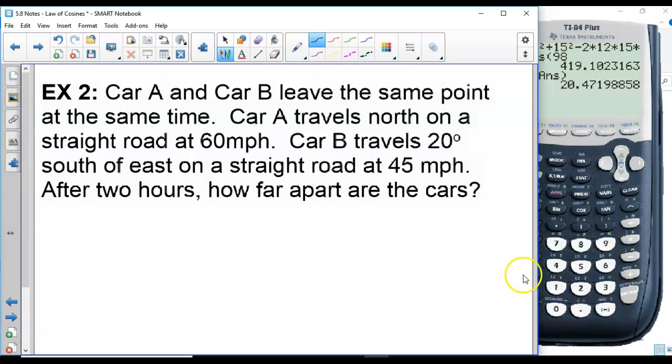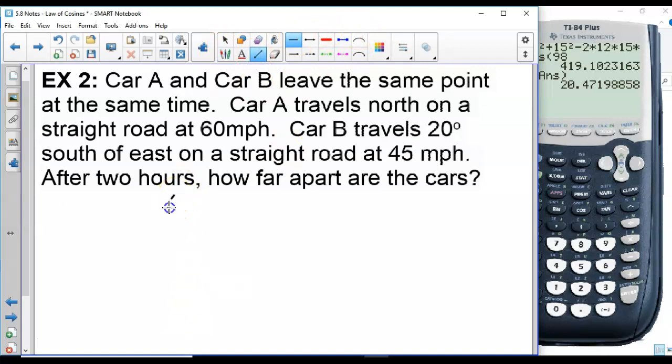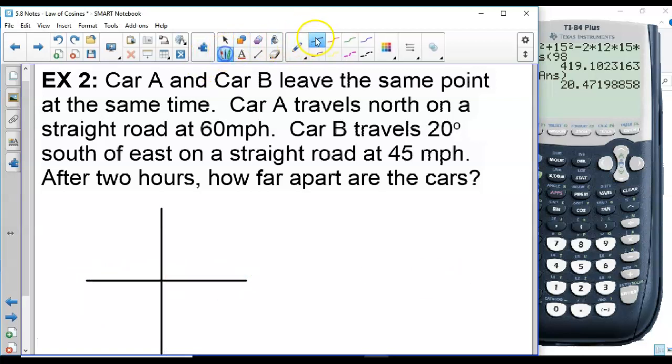So, I'm going to make a coordinate plane here. And the most logical starting point for these two cars right here is just to say they start right here in the middle.